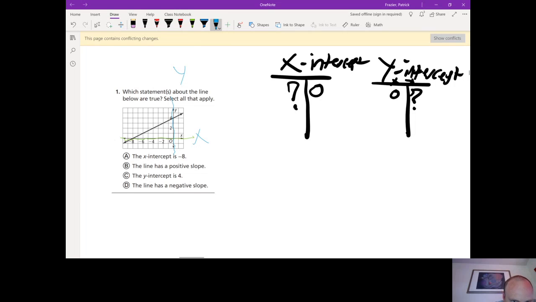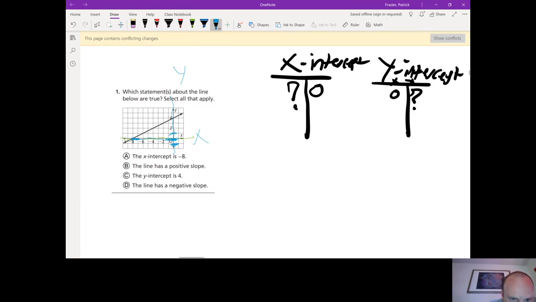This would be about -1 over here, and this would be about 1. So anything along here is 0, and right over here is the intersection where y is 0, but it's on the line.